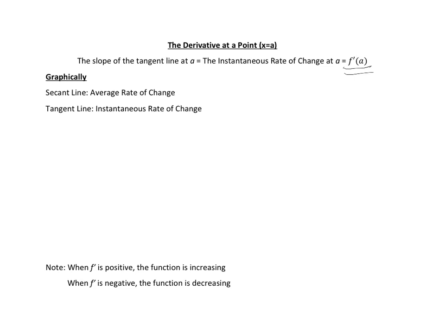So let's look at this graphically and see what we mean by this idea of the instantaneous rate of change or the slope of a tangent line. So let's say we had some function. And the function takes on this shape.